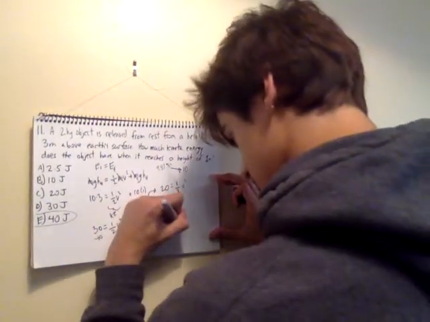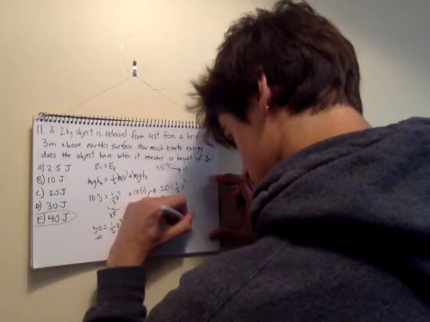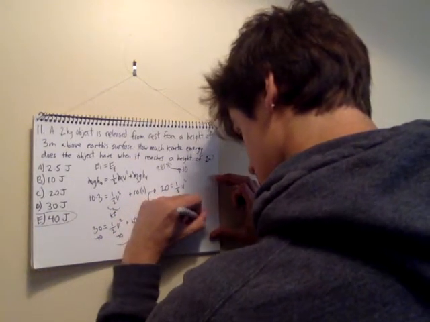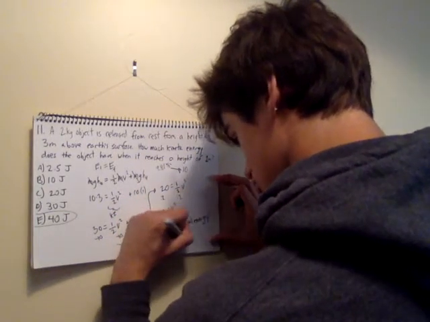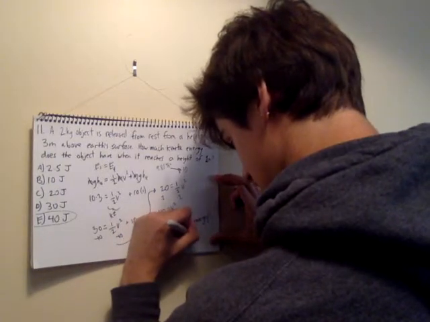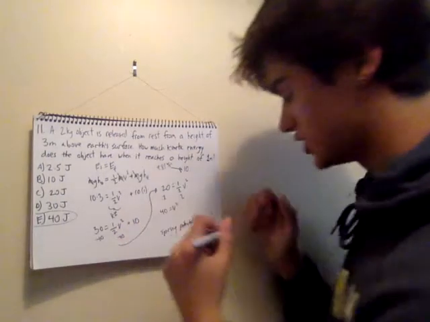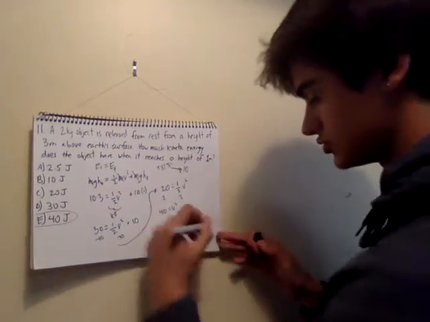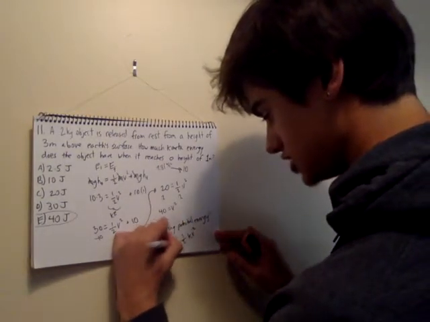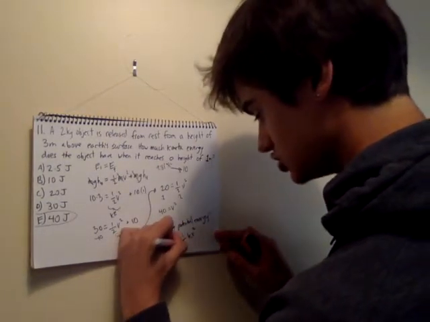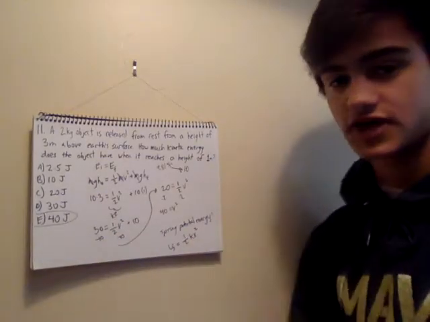So spring potential energy is 1/2 kx squared. This can be written as U, where U means potential energy. So U spring is 1/2 kx squared.